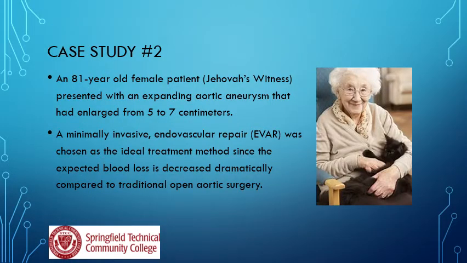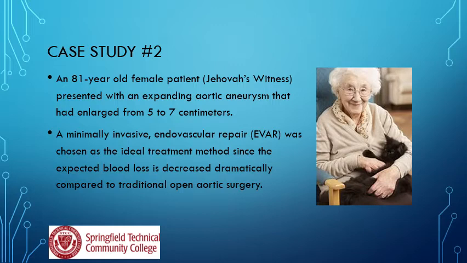So this is our case study for a AAA. She's a cute 81-year-old female patient. She is a Jehovah's Witness and does not accept blood transfusion. She came into the hospital with an expanding aortic aneurysm that had enlarged from 5 to 7 centimeters. Now normally your aorta is 2 to 3 centimeters in diameter.